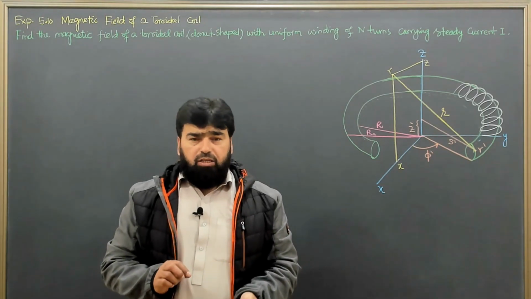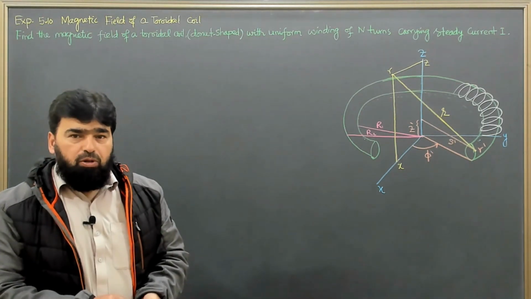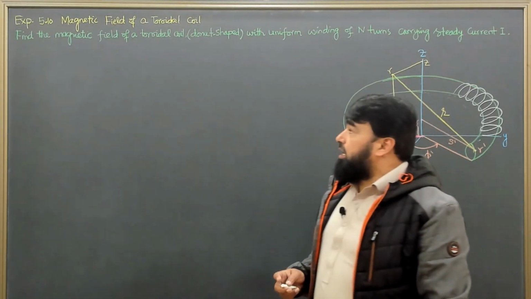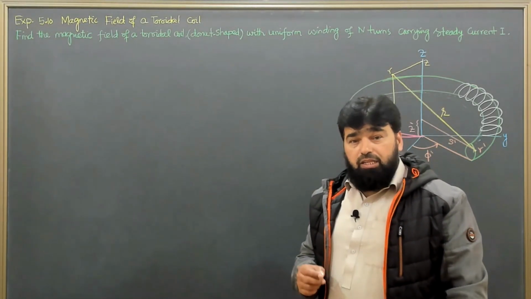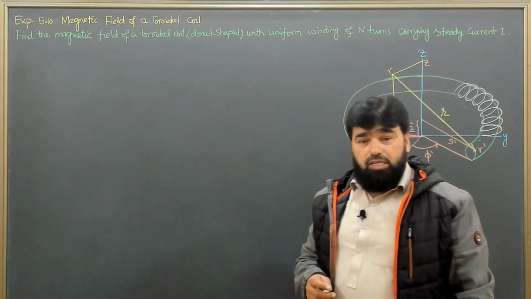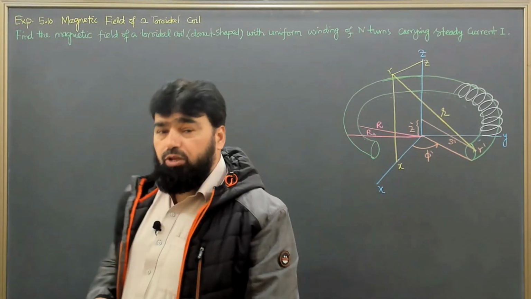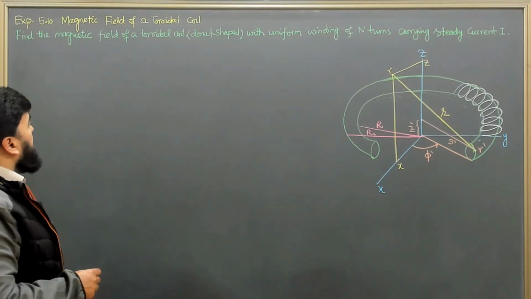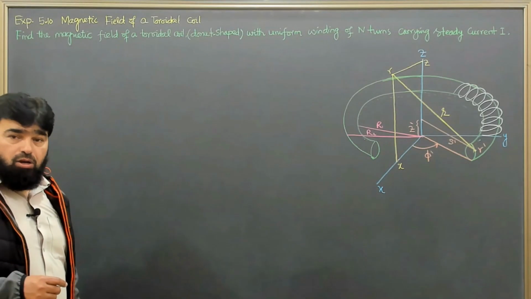After solving the solenoid problem, the previous example we did, now we are in another example, example 5.10, where we are going to find out the magnetic field of a toroidal coil.